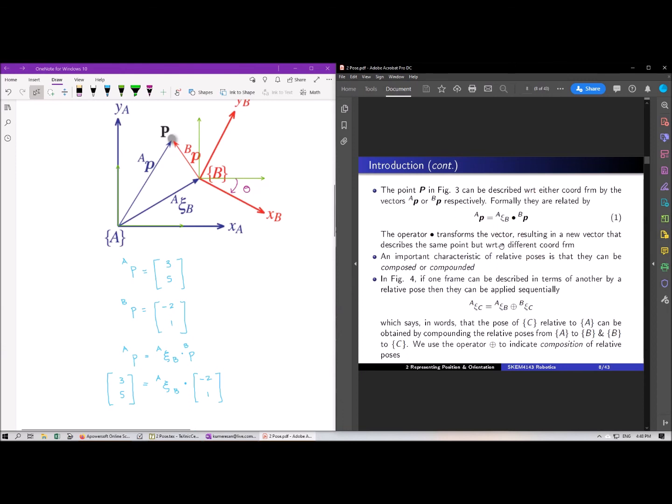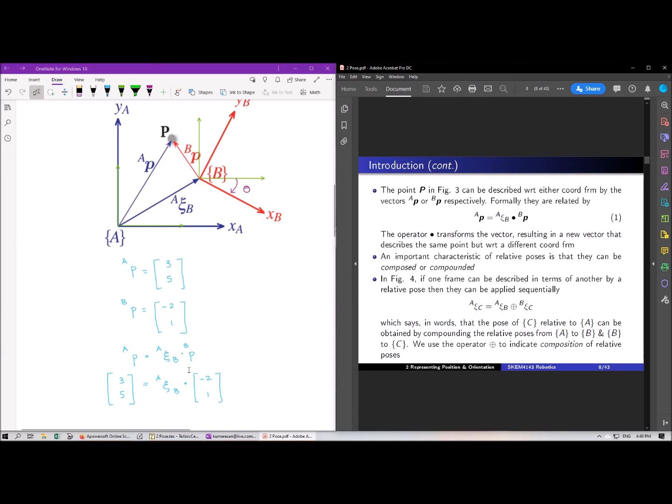Okay, so the point in figure 3 can be described with respect to either coordinate frame by the vectors ^A P or ^B P respectively. Formally, they are related by this equation: ^A P equals ξ^A_B, an operator which we have not defined, applied to ^B P. In the future, when it comes to robotics and many other fields, we would be changing the description of a point, a vector, or a pose from one frame to another.